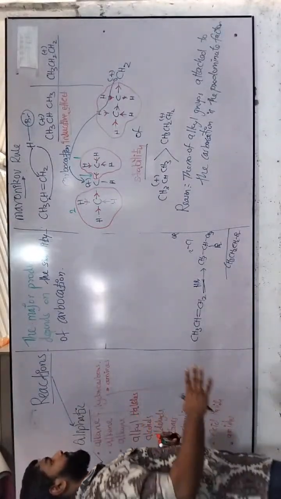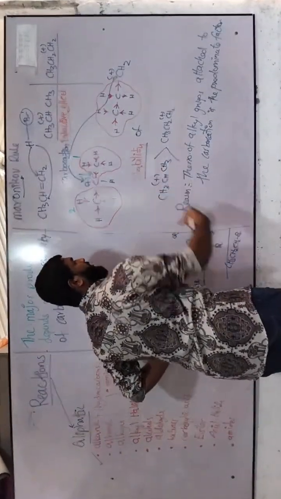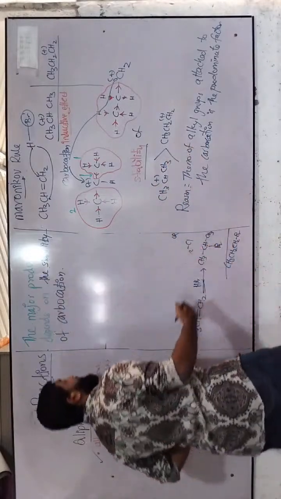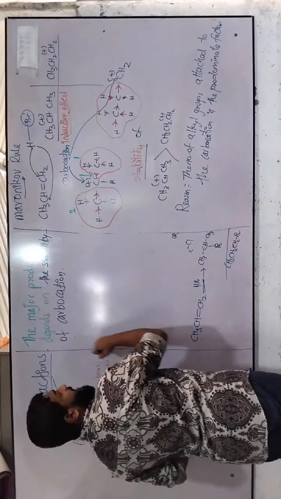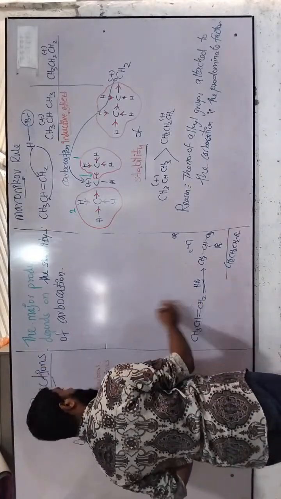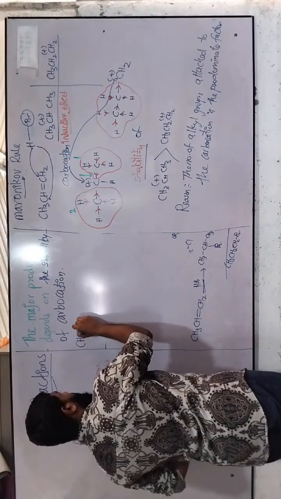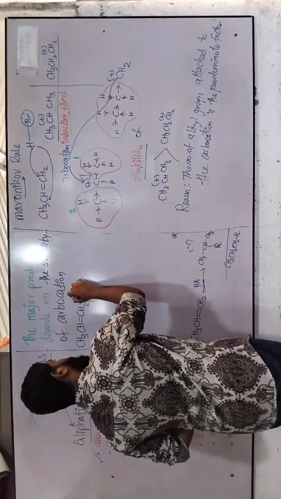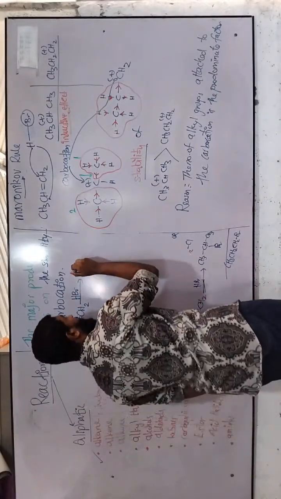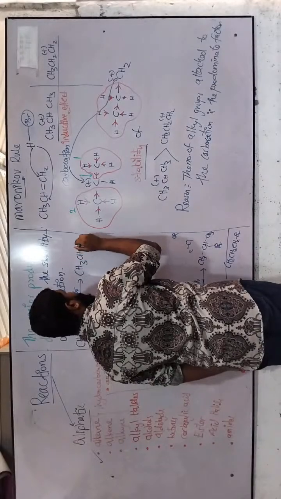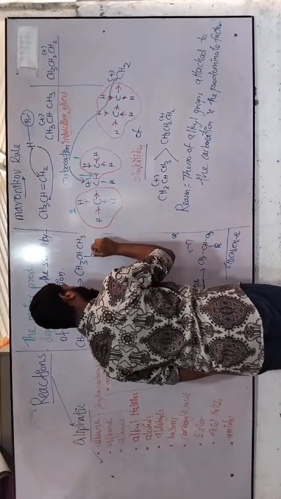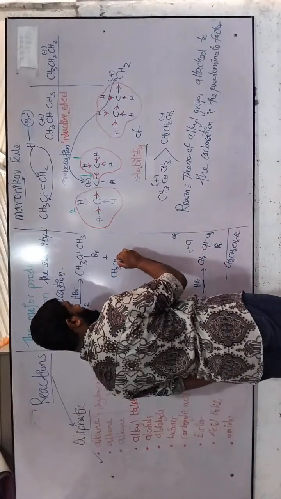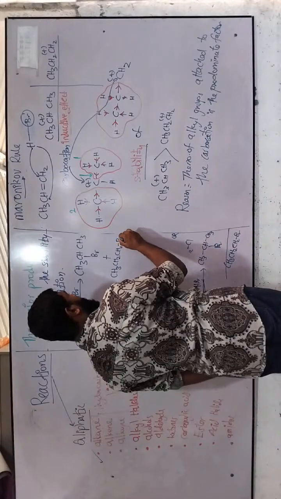So that's the main part. Whose stability is high? This one's stability is higher than this. As a result, for this reaction, if you put HBr, the major product is going to be CH3, CH3, Br. Plus there will be some amount of this one also, but we'll give it the name minor product.